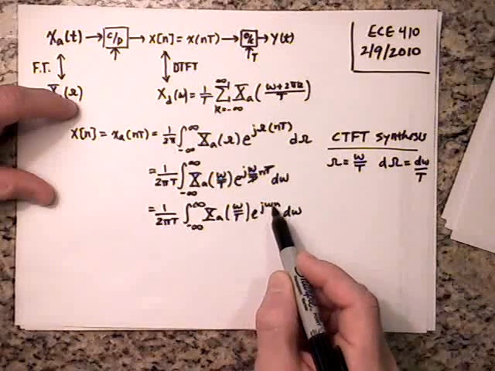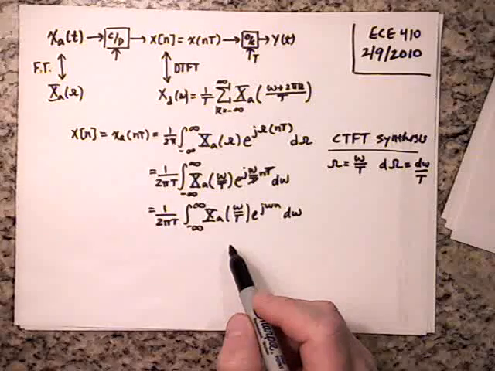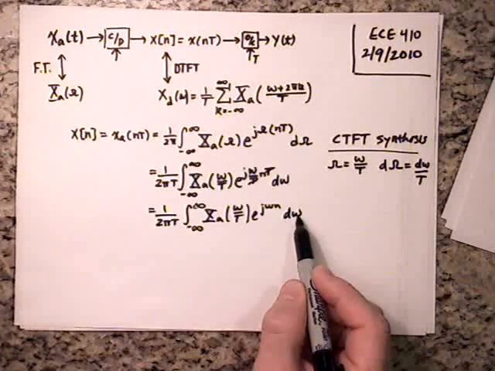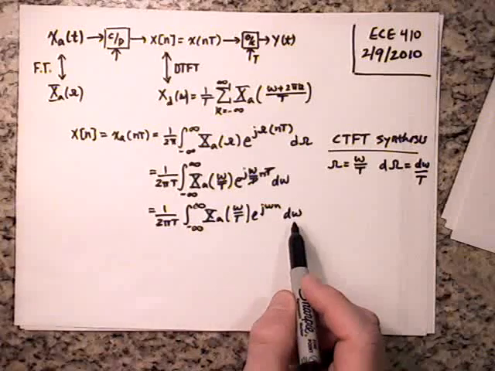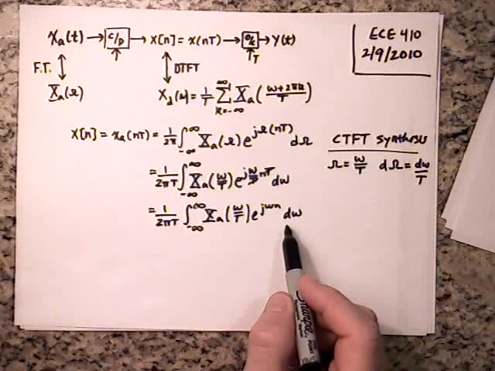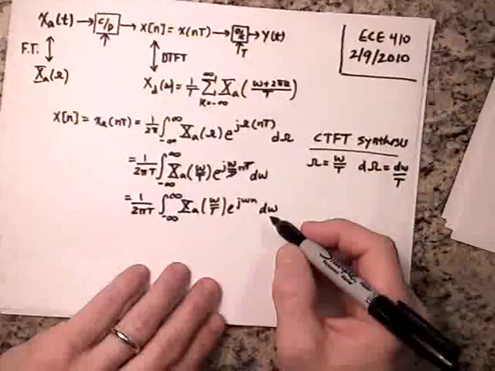Now e to the j omega n is periodic with period 2 pi. So I'm going to play a little trick. If this little omega is going from minus infinity to infinity, I could break that into a bunch of steps, each step being of length 2 pi.